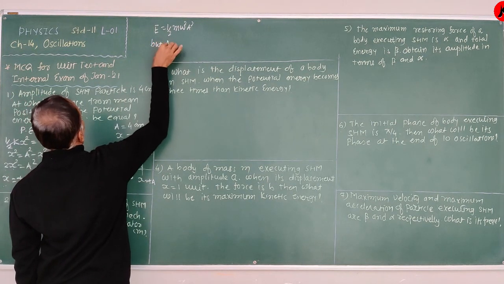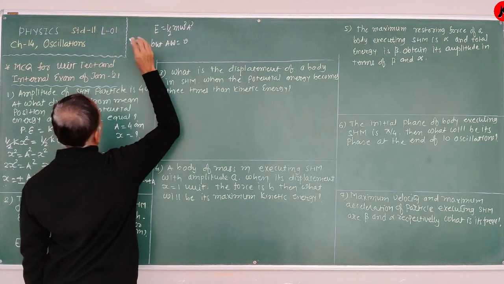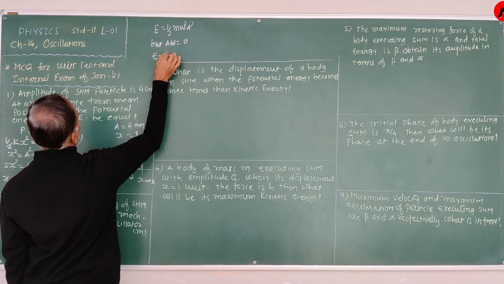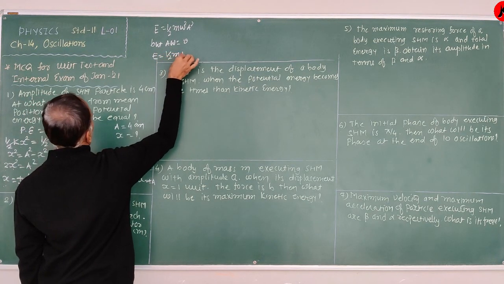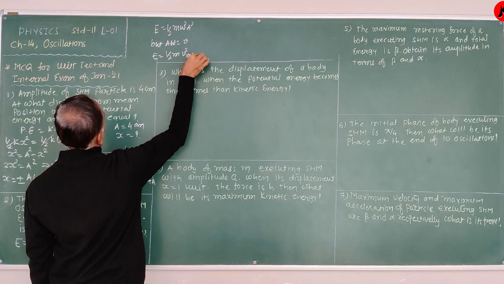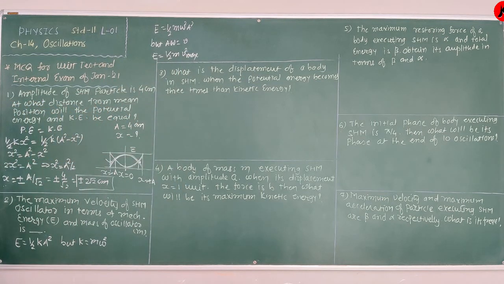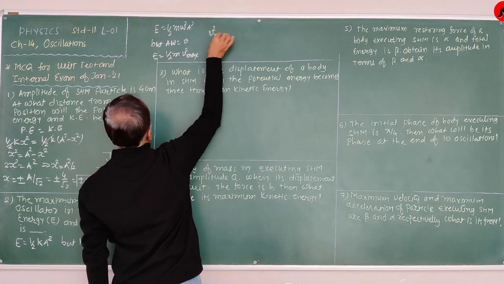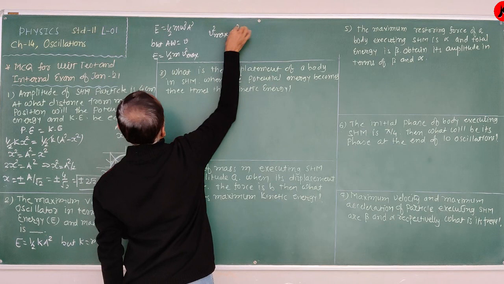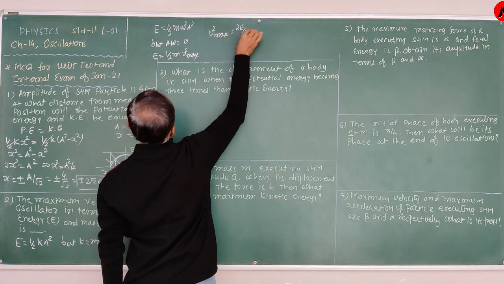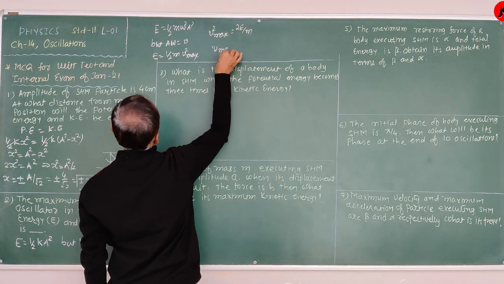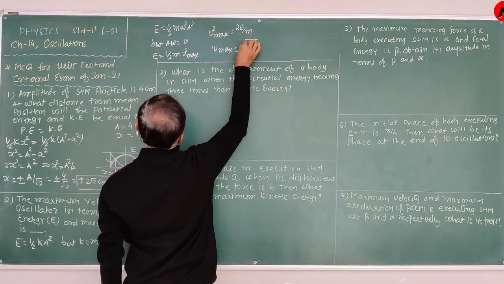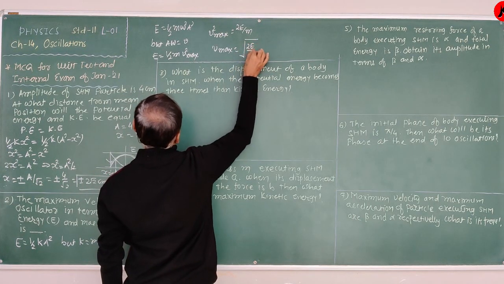But a into omega is the velocity. Therefore, E is equal to half m v square maximum. We require the equation, so v square maximum is equal to 2E upon m. Therefore, v maximum is equal to under root of 2E upon m.